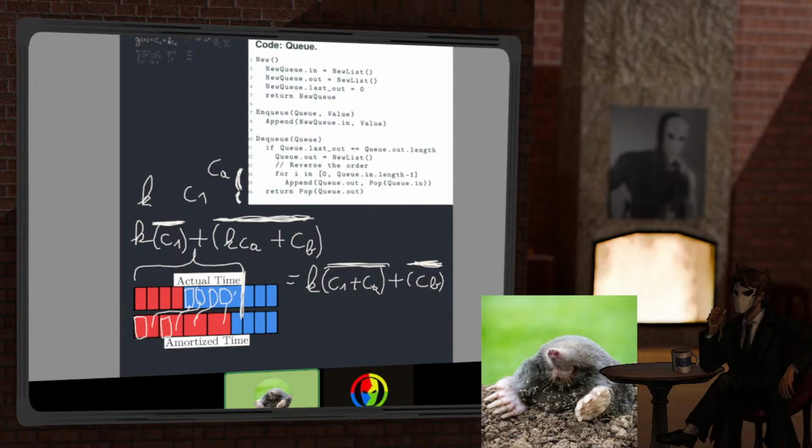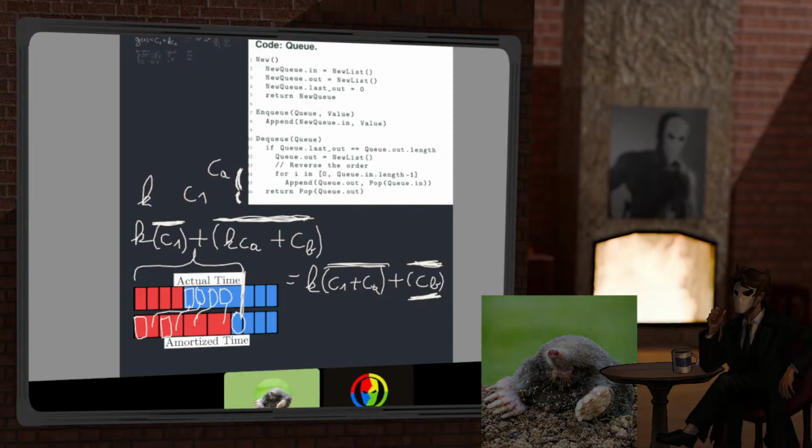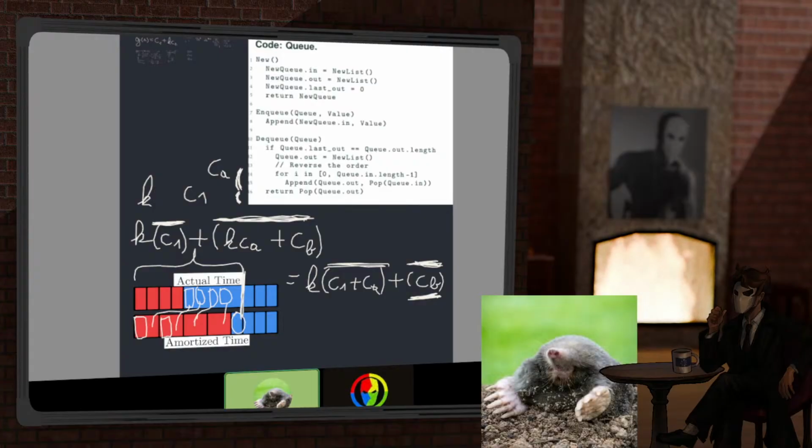And when we actually dequeue, in here we had a very long dequeue, but here it's almost as if we had just a constant factor. This is actually the amortized time.